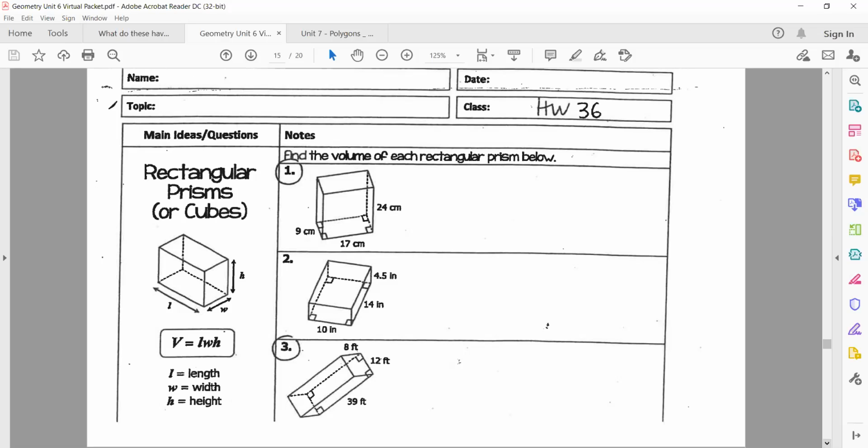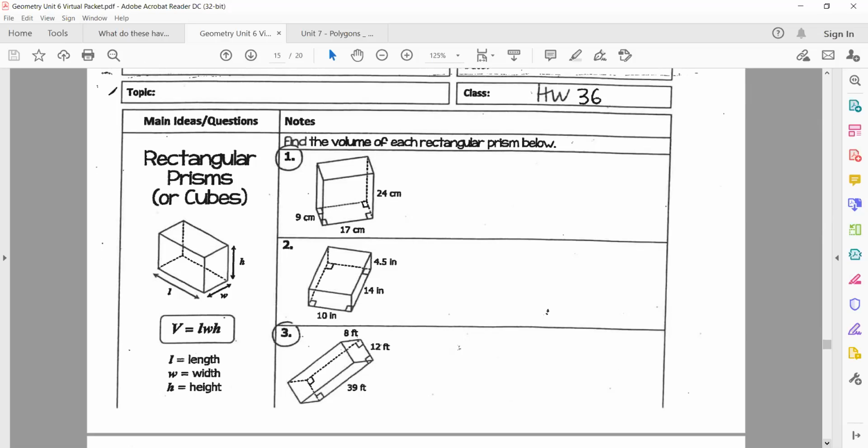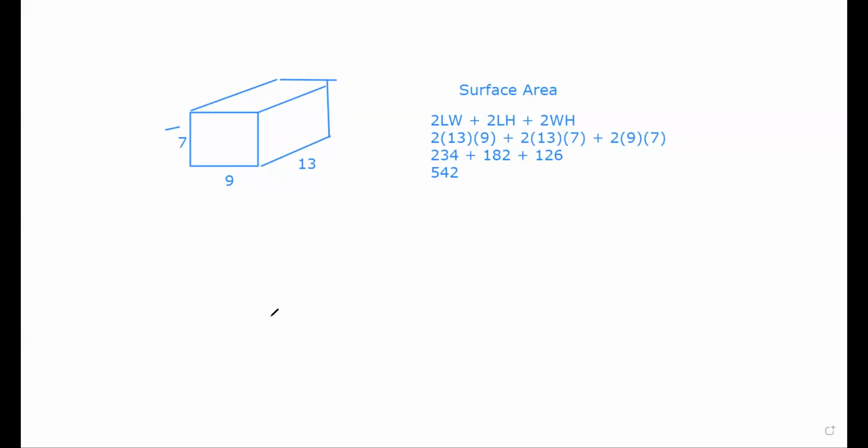If I want to know the volume for that same shape, it's a much easier calculation.